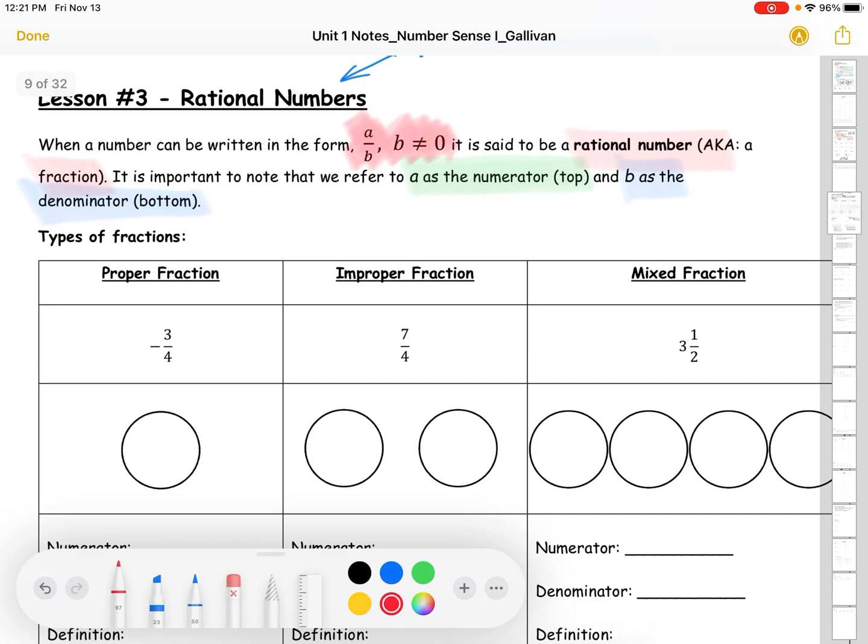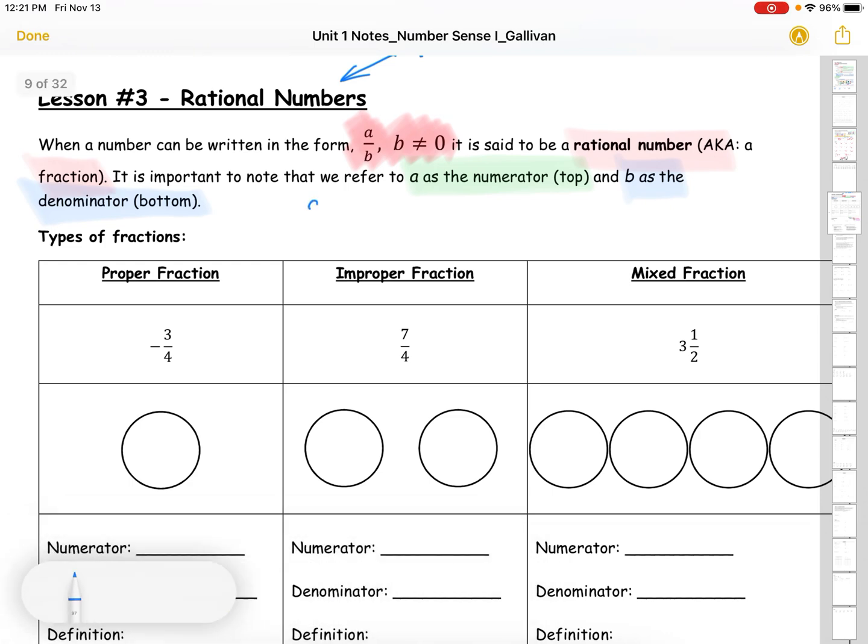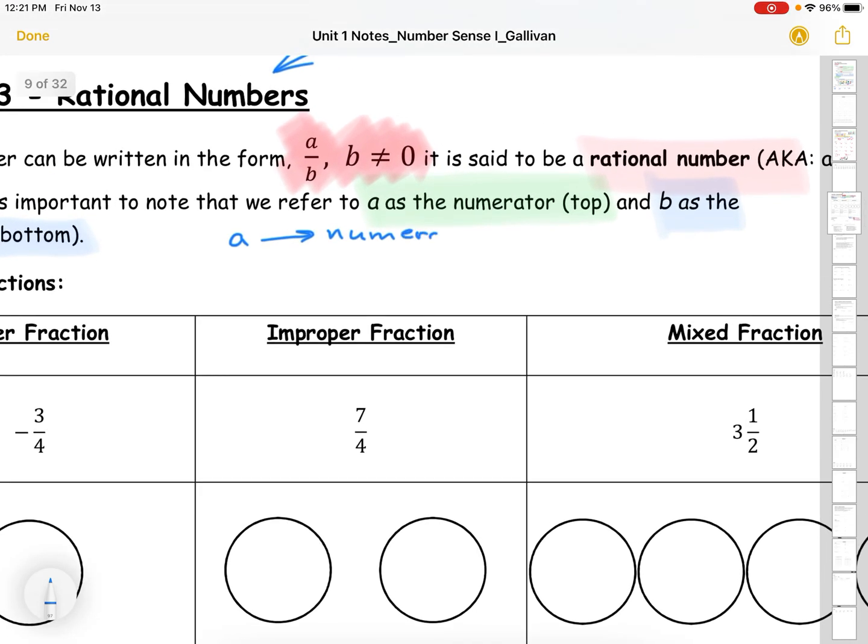Now, when we look at these, we can say that a, which is the top, the numerator, says how many. So how many parts do we have?